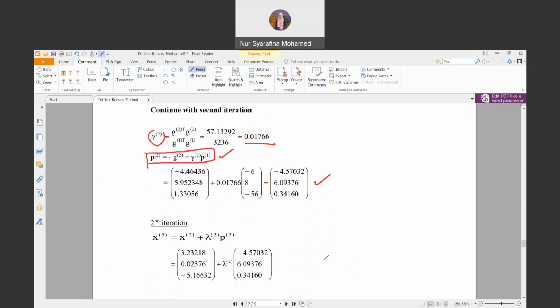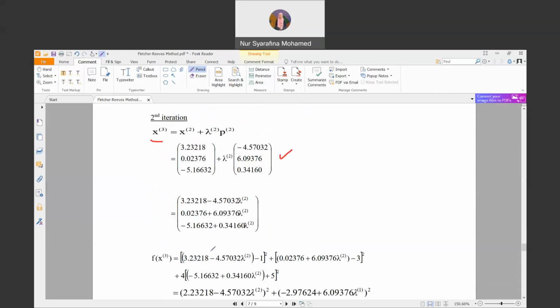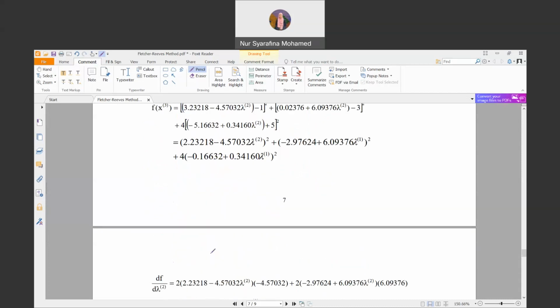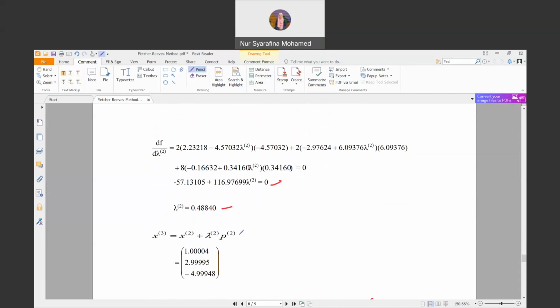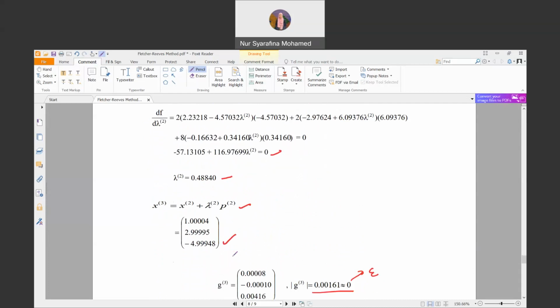Because we want to calculate our x3. Again, same process. Calculate x3, substitute, find lambda 2, substitute to f(x3), simplify, differentiate equals to 0, and find the value of lambda. And you can have your x3, and then you can have your g3.